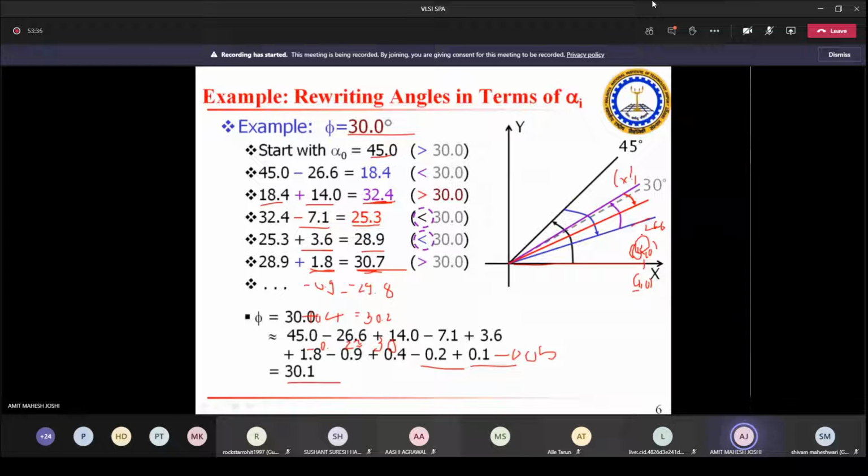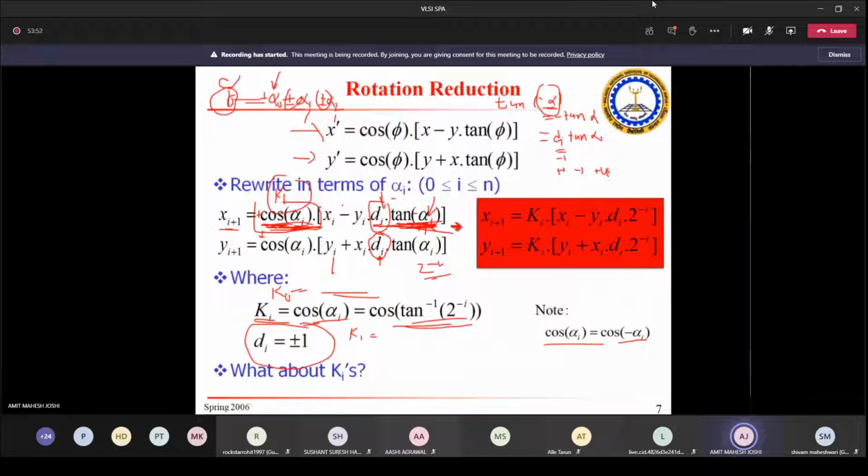But that is slightly a tedious job. So instead of doing that, the better way is we start with 1 0, find out the linear combination of alpha, and at the end we multiply with K. So that is the normal procedure people are following.